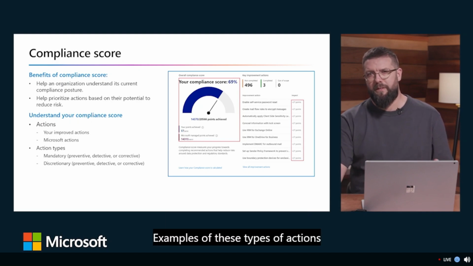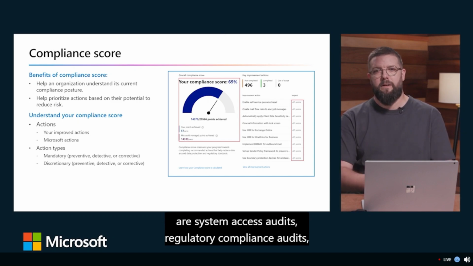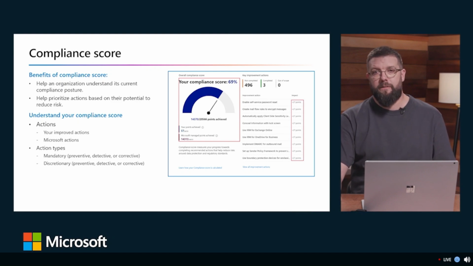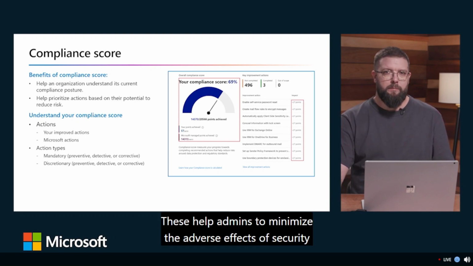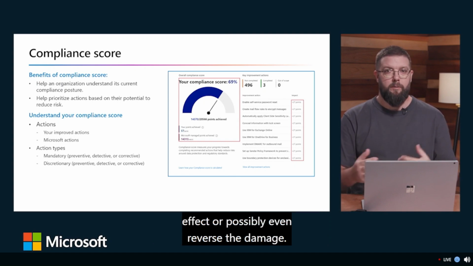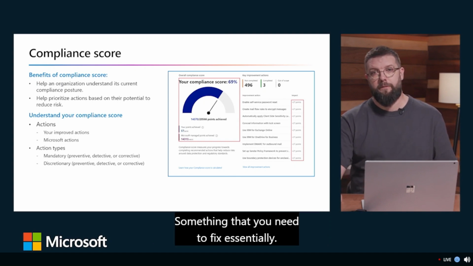So examples of these types of actions are system access audits, regulatory compliance audits, things like that. And corrective actions, these help admins to minimize the adverse effects of security incidents by undertaking corrective measures to reduce their immediate effect or possibly even reverse the damage. So something that you need to fix, essentially.